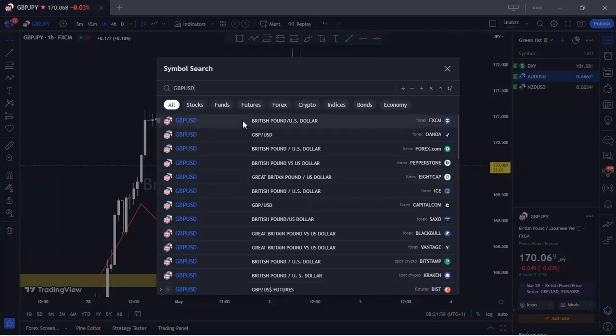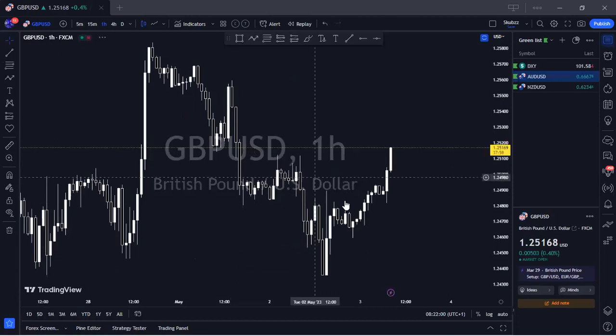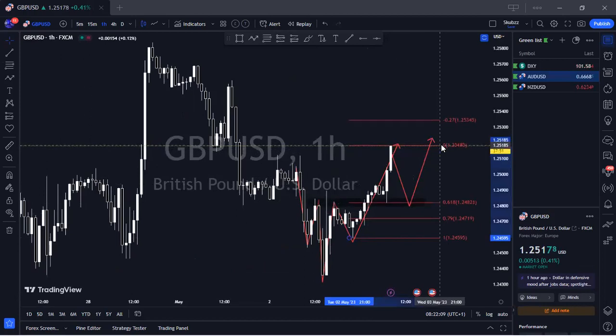So this is what we're looking out for on GBPUSD: for price to retest this 0.618. You can see right now that price is making that impulsive move to the upside. But if it can retrace and come back to this 0.618 here, then we can take buys from here to the upside. That's what we're looking out for.